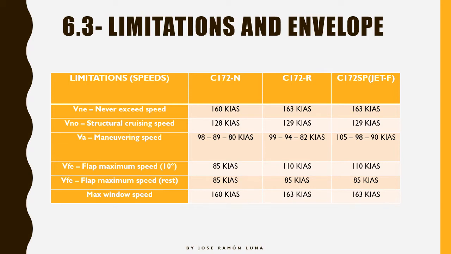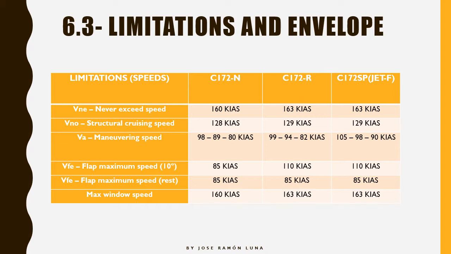Different countries and organizations can make their own regulations, and we don't want to go against that. So, as always, as a disclaimer, in case of any difference between these limitations and your limitations in your POH, the limitations in the POH will prevail, right?